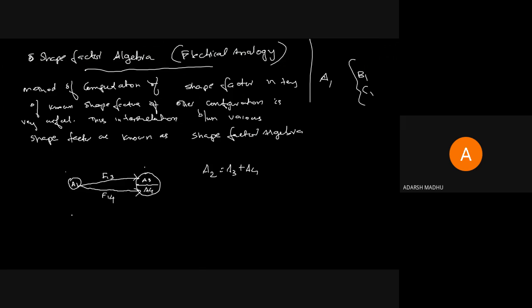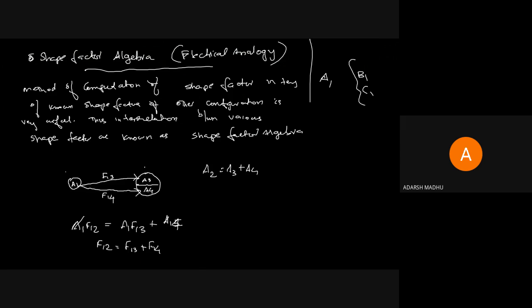So we can write the equation as A1 F12, that is A1 to A2, equal to A1 F13 plus A1 F14. So by cancelling A1, we can write F12 equal to F13 plus F14.